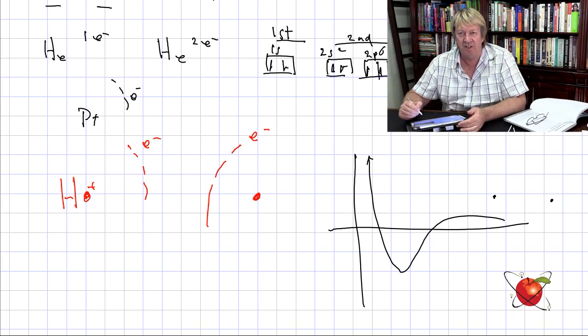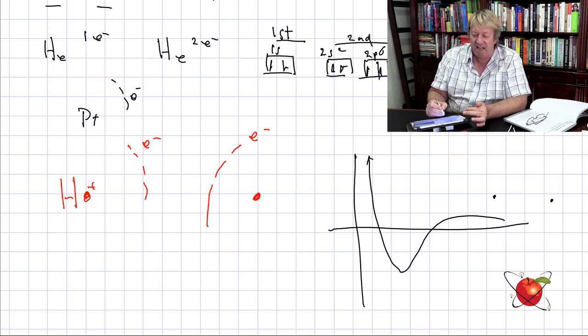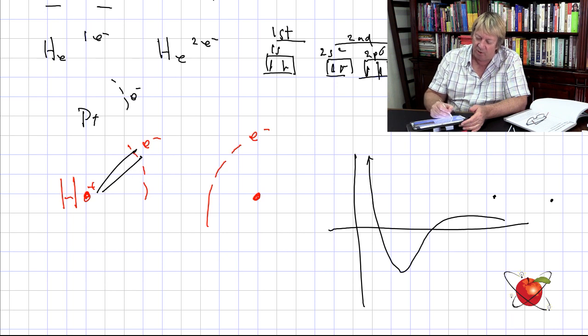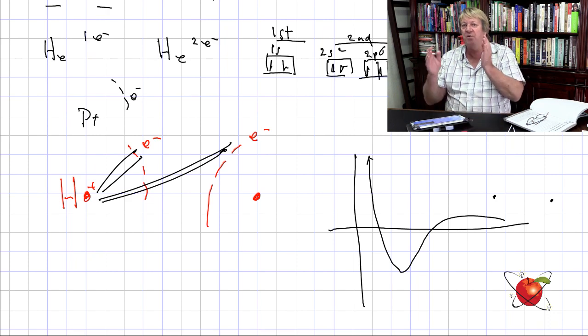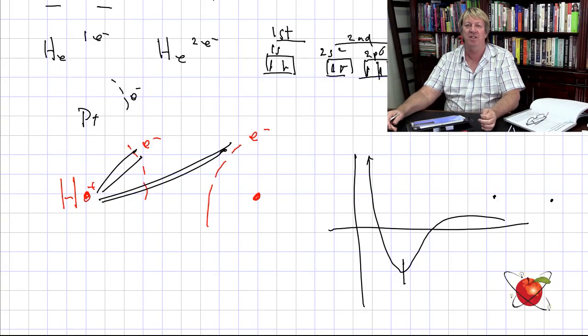As we bring them closer together, right, at some point, okay, we are going to find that not only is this attracting this one, but it also starts attracting that one, right? In other words, the whole repulsion attraction scenario resolves itself into one which is mutually beneficial, right? We get to the low energy state.